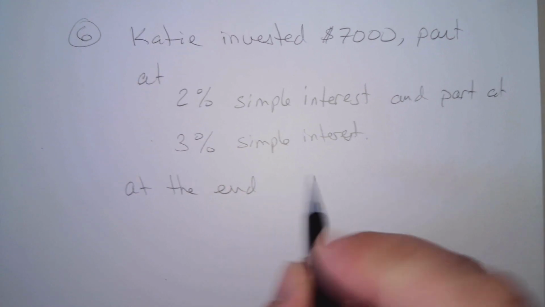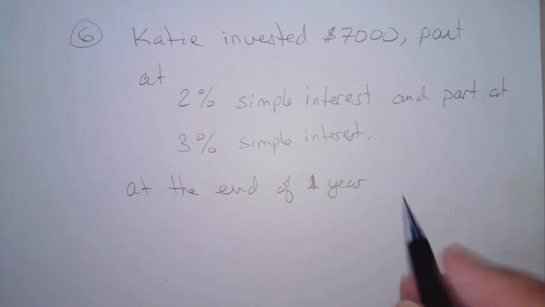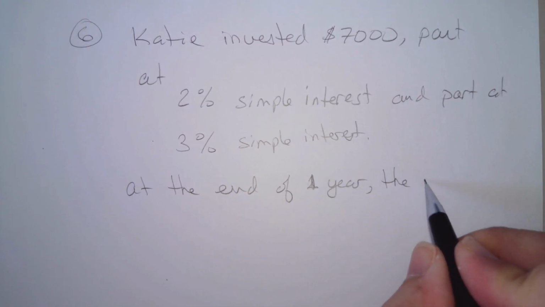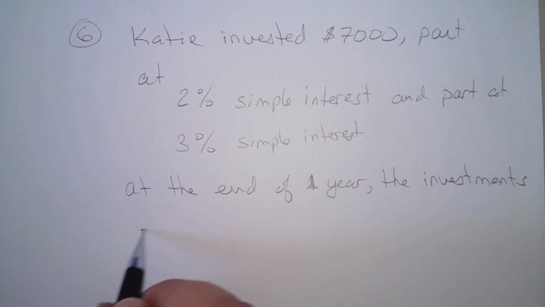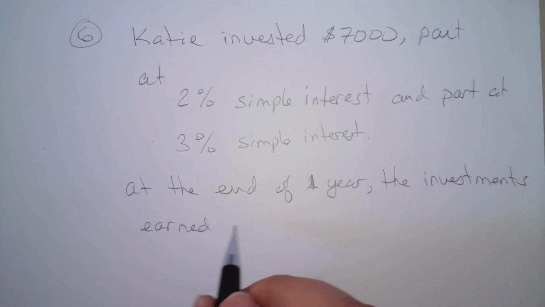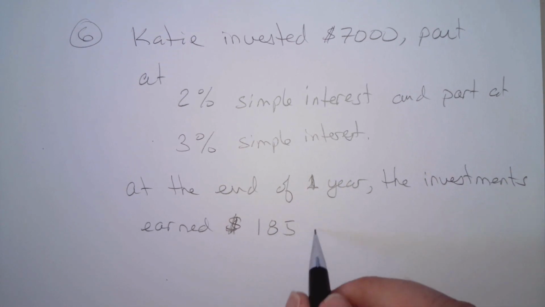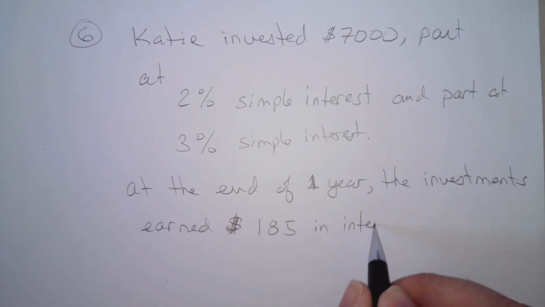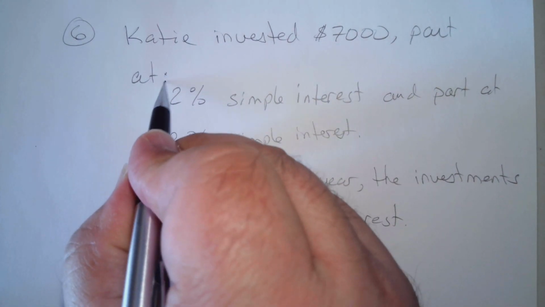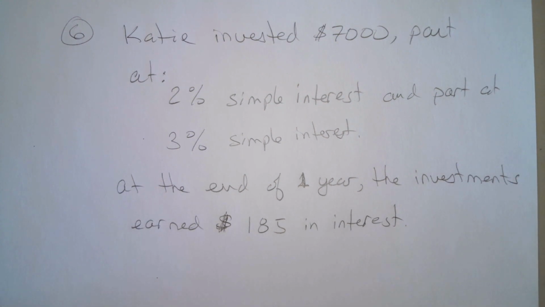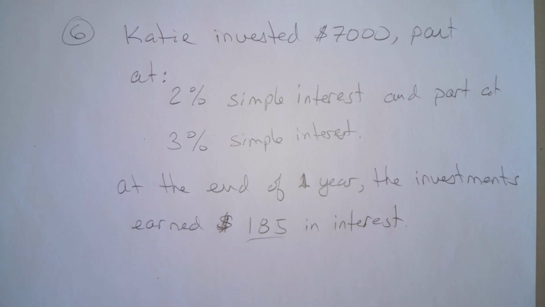At the end of 1 year, these investments earned $185 in interest. All right, so we have $7,000 at 2% and 3%. We got an interest of $185.